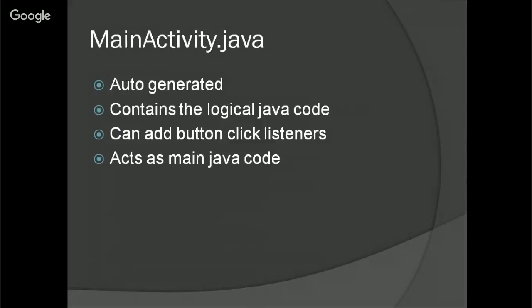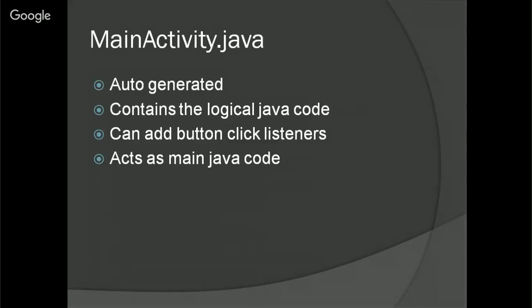Now again, if you move towards the next Java file, it is main activity. Main activity.java is one of the important files of your project because this file is one of the starters of your project. This file actually points how your project should run.